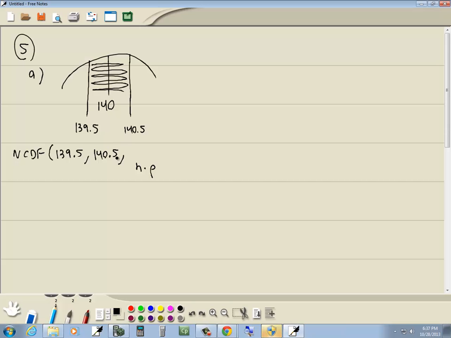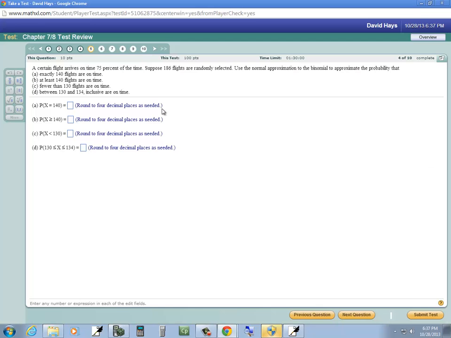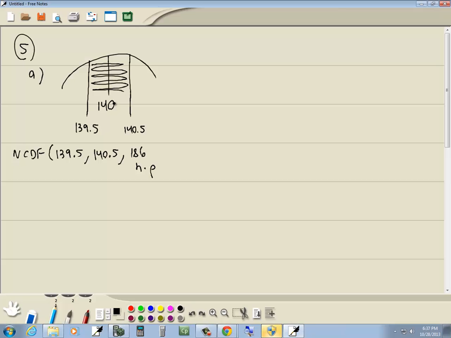N is 186, and p refers to the percent on time, which is 75%. So that'll be 186 times 0.75, comma, square root of n times p times 1 minus p. So we'll have 186 times 0.75 times 1 minus 0.75.